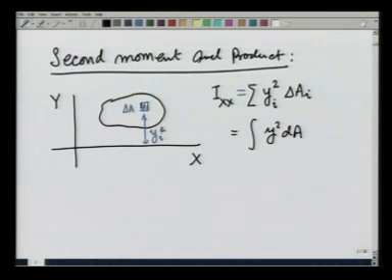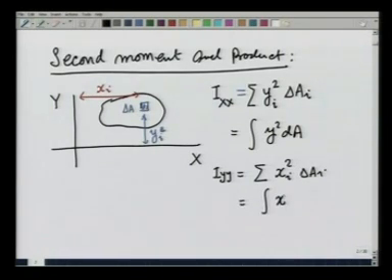Similarly, I yy, that is the second moment about the y axis, is defined as the distance of the area from the y axis is chosen, and then we write this as summation x i square delta A i, or in the limit of integration this becomes integral x square dA.